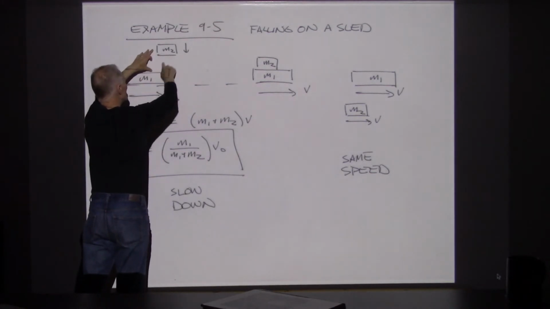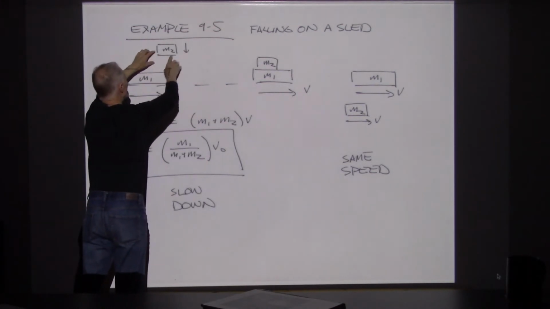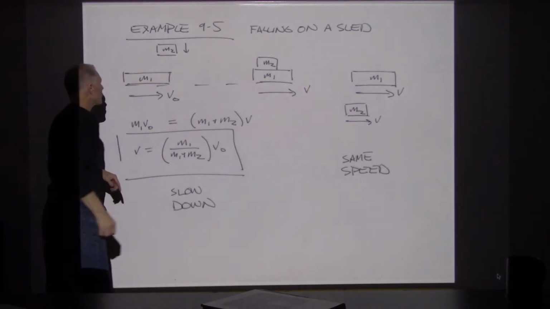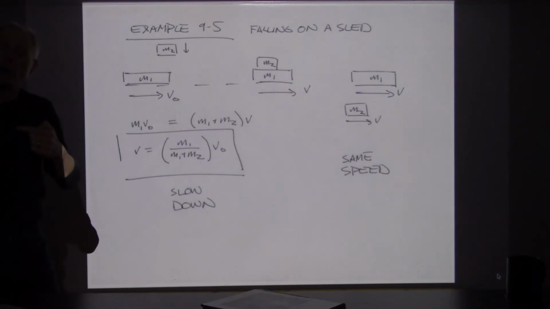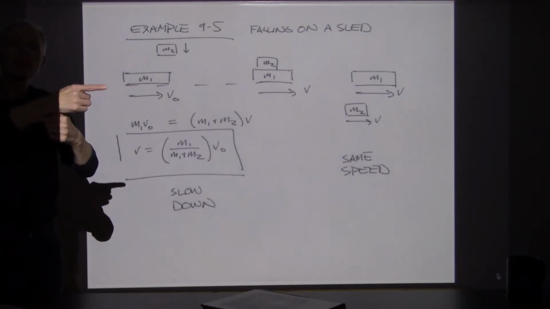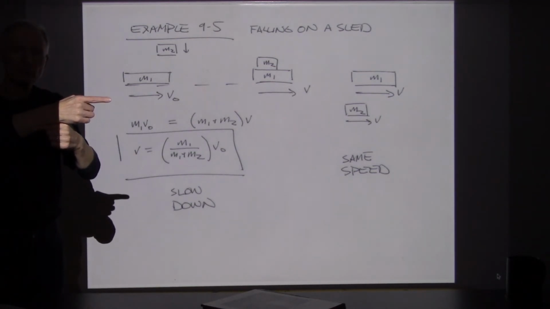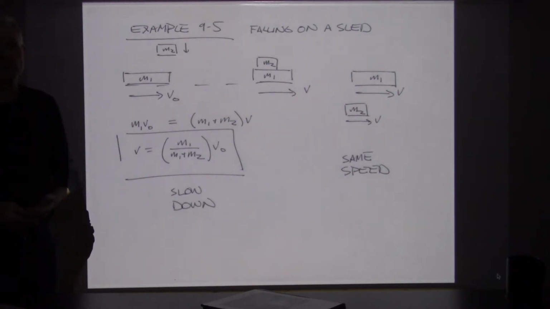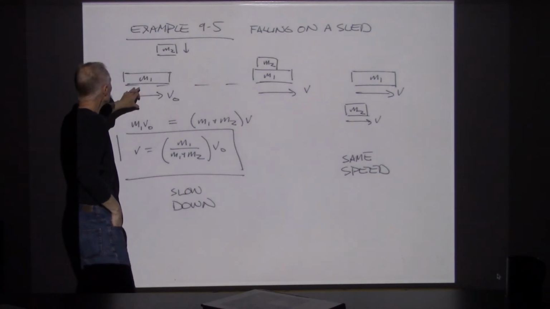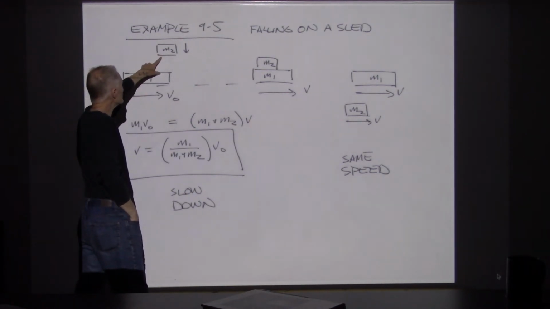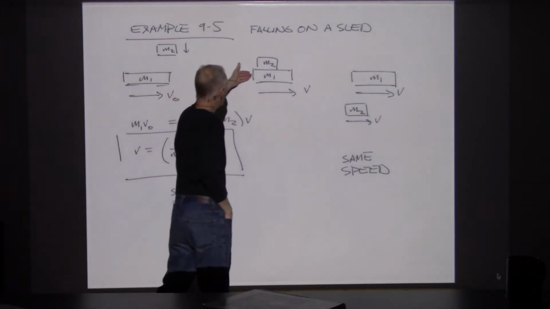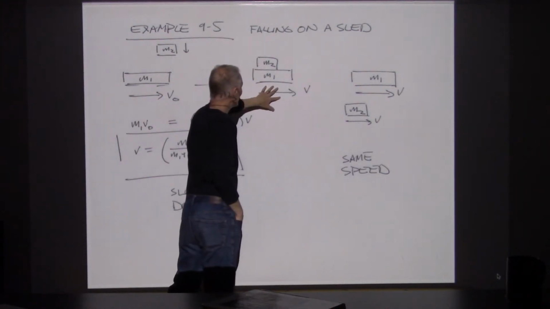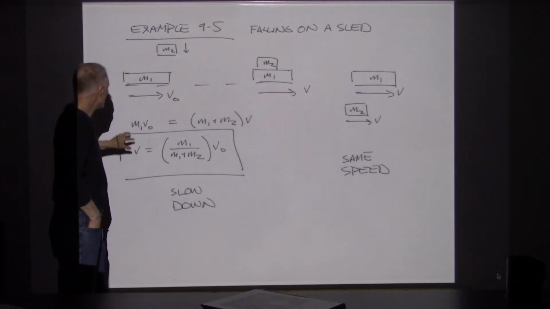But there's enough friction between these two that M2 falling onto M1 exerts a backwards frictional force. Meanwhile, M1 exerts a forward frictional force on M2 and brings M2 up to speed. So the sled exerts frictional forces on Susan and brings her up to speed, and so she is able to stay at the same velocity as the sled. So that's what's going on.